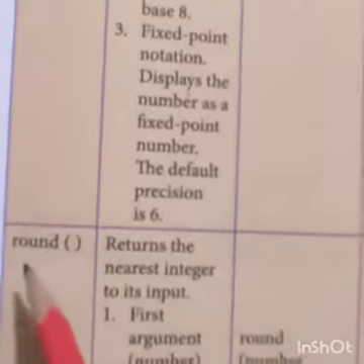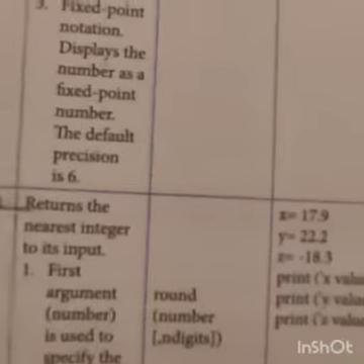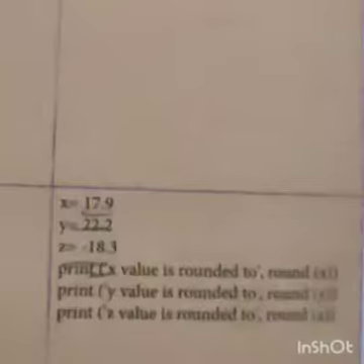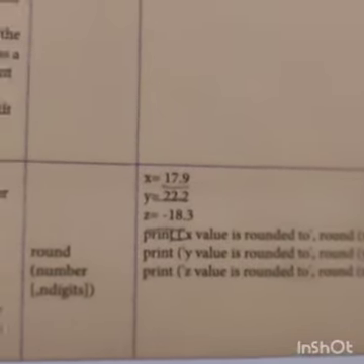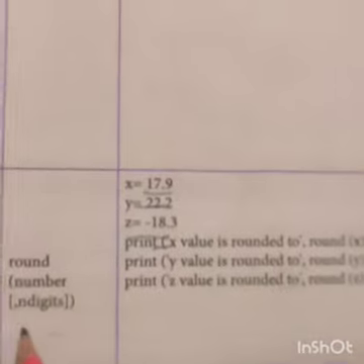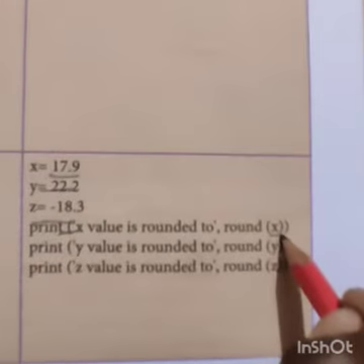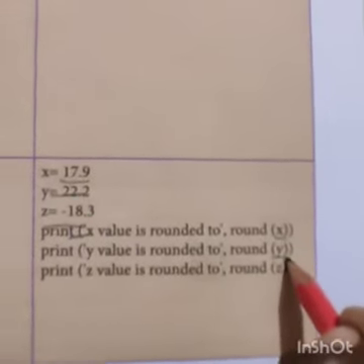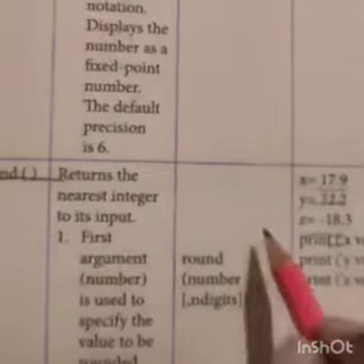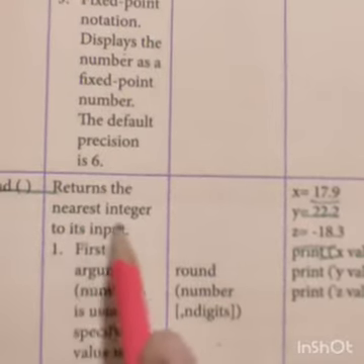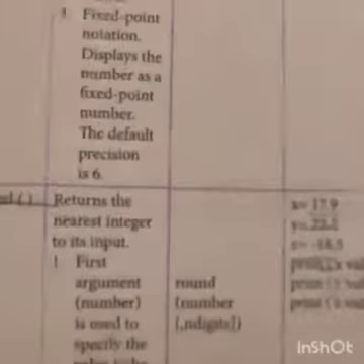Okay, next function, what is the round function? See here, each value comes rounded. Rounded number digits will come. See here, round x means 17 only will come, 22 only will come, minus 18 only will come. That is the output. It returns the nearest integer to the input.